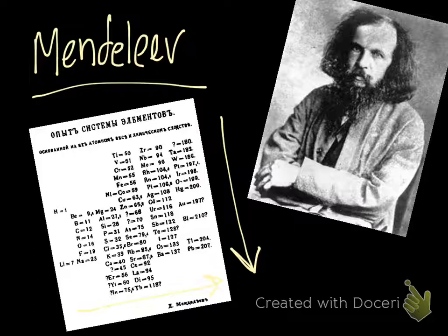Now, as for Mendeleev's arrangement of the elements by mass, in 1869, there was no knowledge of subatomic particles. So the idea of atomic number was just the order that the elements appeared in on the periodic table. Mendeleev's work wasn't the first arrangement of the known elements, and it wasn't the only arrangement of the elements.